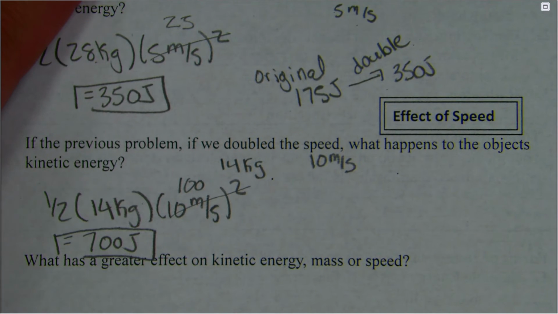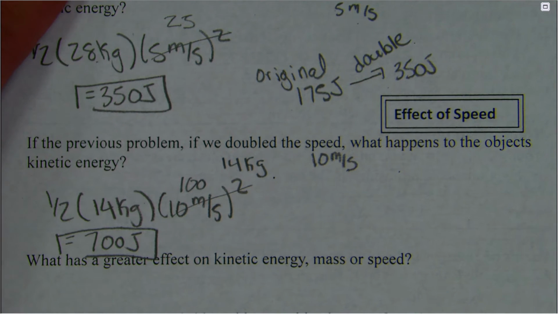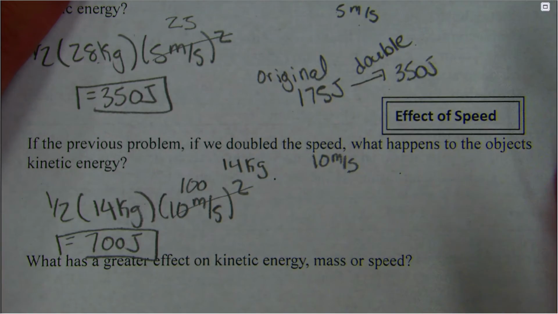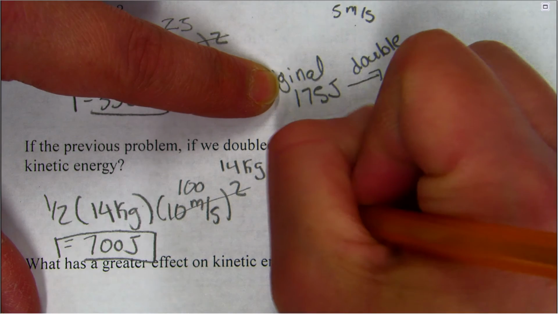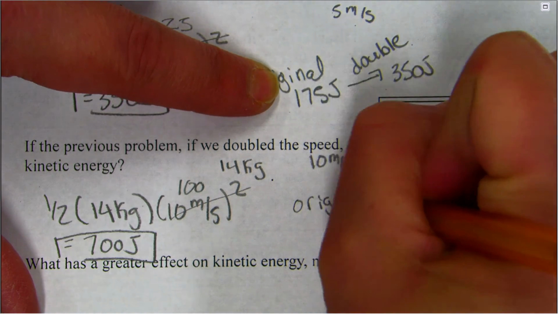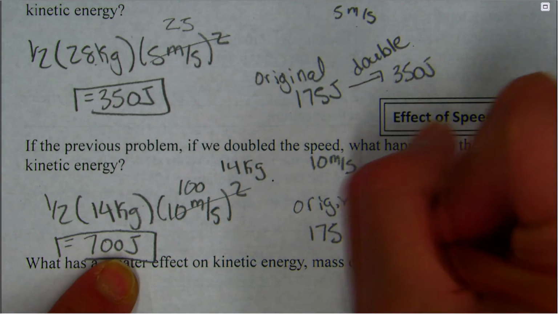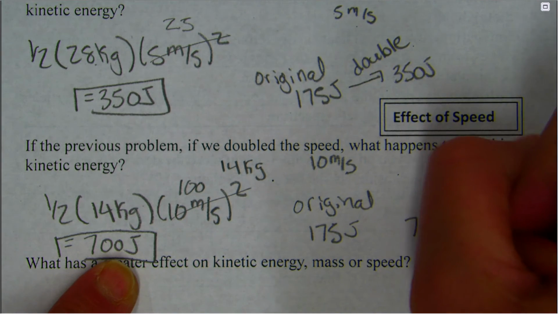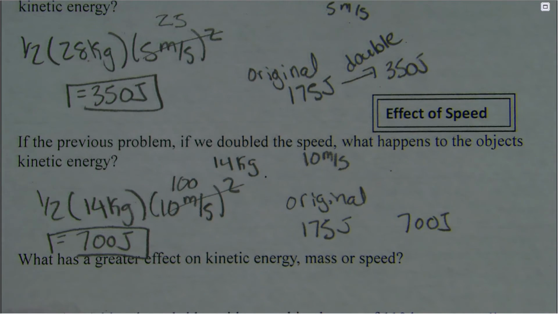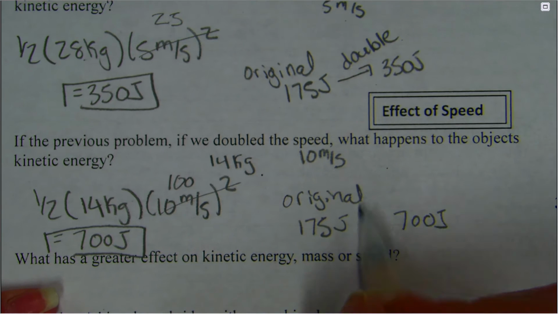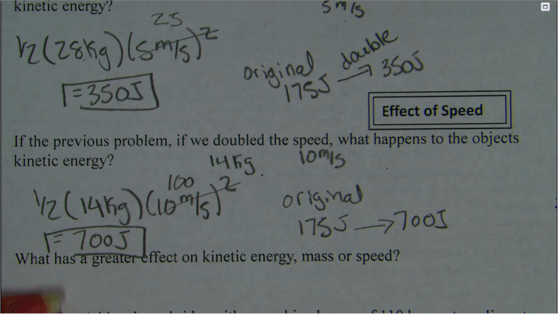Okay, let's look at the effect of speed. My original was 175, we said. And when I doubled the speed, I got 700. So what did I have to do to 175 in order to get to 700?